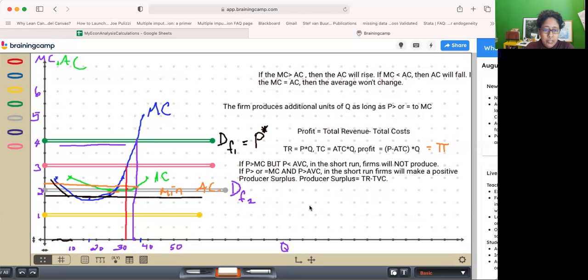And if you've ever watched any of these very poorly performing restaurant shows, what you will often see is that they're buying a lot of ingredients and they are not getting the revenue to cover the cost of buying those ingredients. And so what we're saying is you should really not be buying those ingredients. You shouldn't be buying a bunch of things that you're not going to be able to sell and recoup the costs. Okay. And so that's summarized in the idea that your price has to be covering your average variable cost.